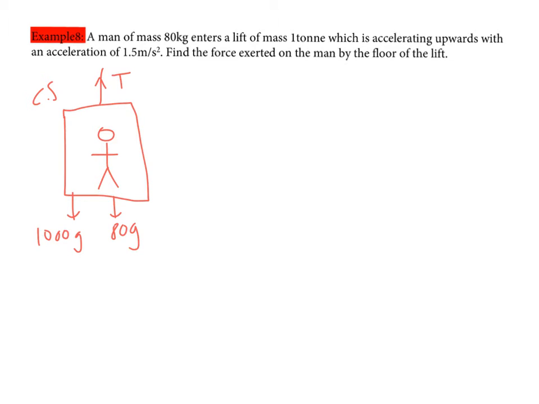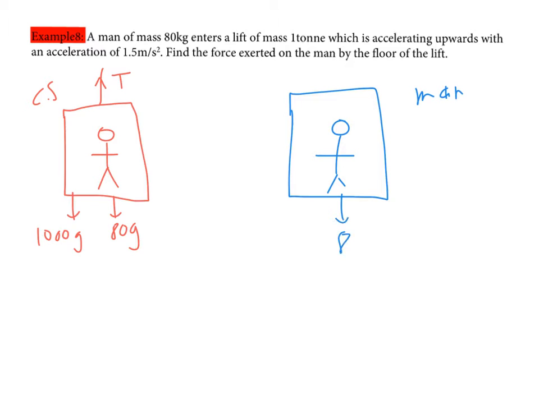Now you can consider that's the complete system, but if you just consider the man inside the lift, just looking at the man, what's happening there, he's got a downward force of 80g. He is not connected to the cable. That would be a bit dangerous. So how does he accelerate up with 1.5 meters per second squared acceleration?